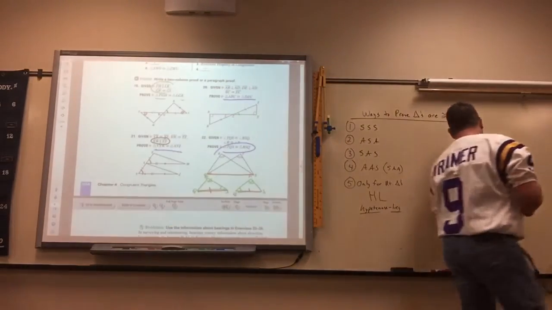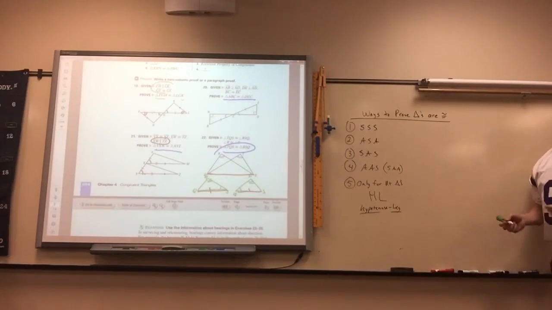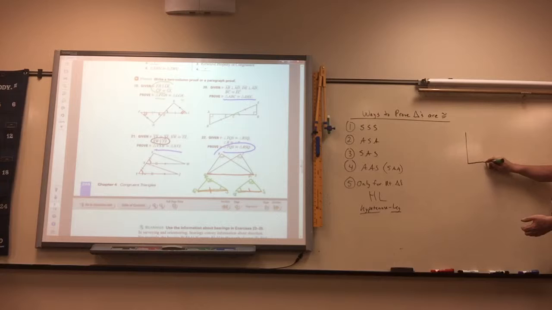Now, the reason why they call it HL, I'll show you what it would look like. I'll use this picture again. If we got two right triangles, and I know that the hypotenuses are equal and the leg is equal, this would be HL. Now, if they didn't use HL, what would this spell out?